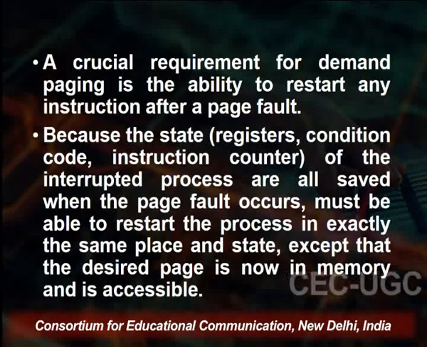Now, see what is happening here. We have the state of the process saved, as in the condition code, the registers, the instruction counter, each and every piece of data. When an interrupt or a trap is raised, the whole state of the particular process is saved. When the page fault occurs, the process must be able to restart exactly from the same place and the same state.